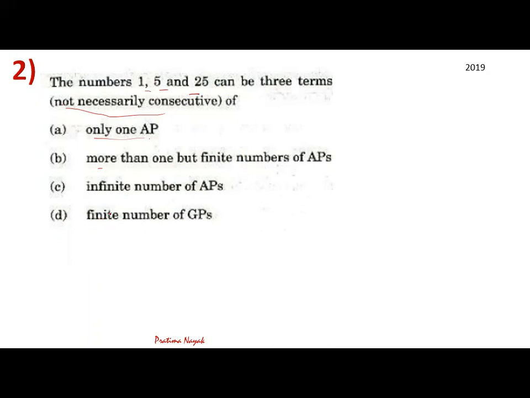You cannot write that because they are not consecutive. They may be any terms. The pth term can be 1, the qth term can be 5, the rth term can be 25. So it can be an AP. We will only find whether it will be a finite AP or an infinite AP.